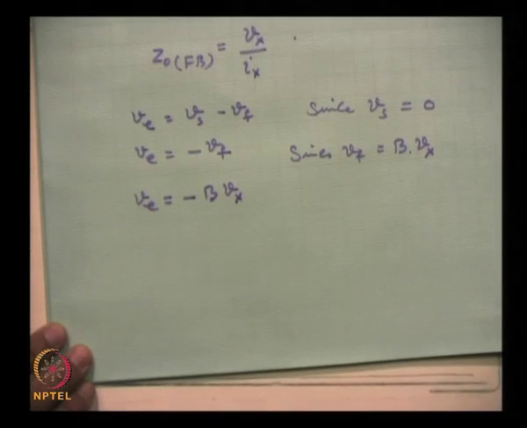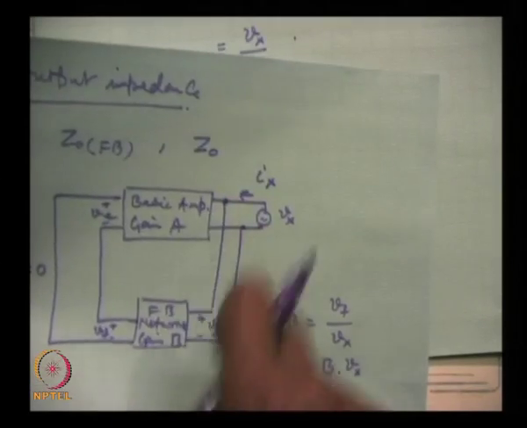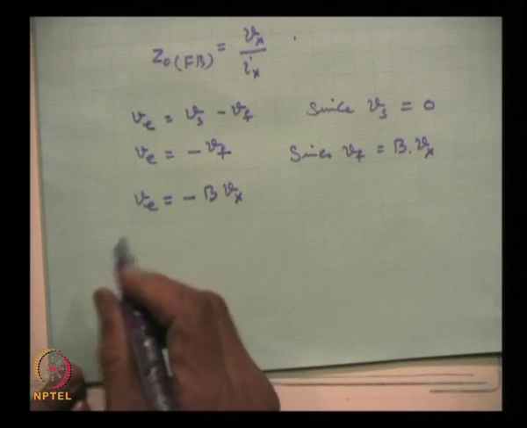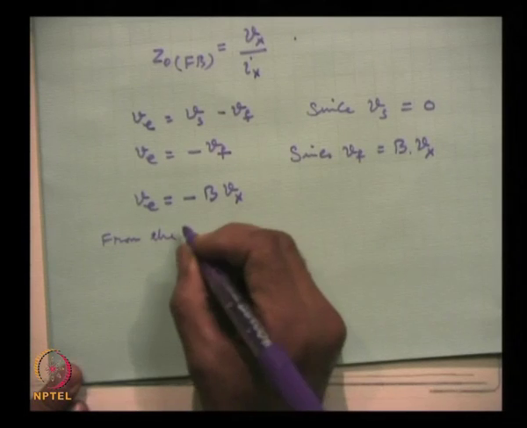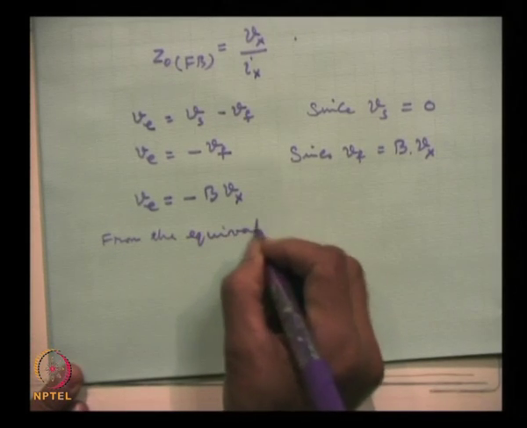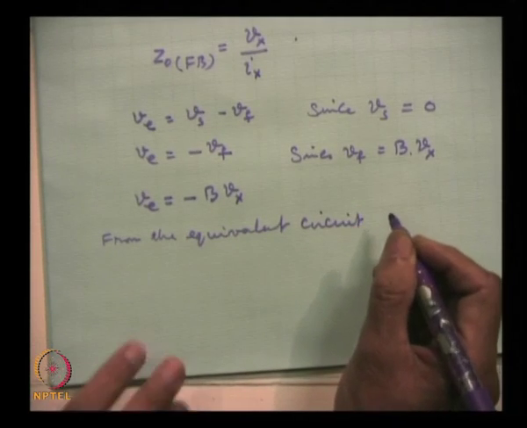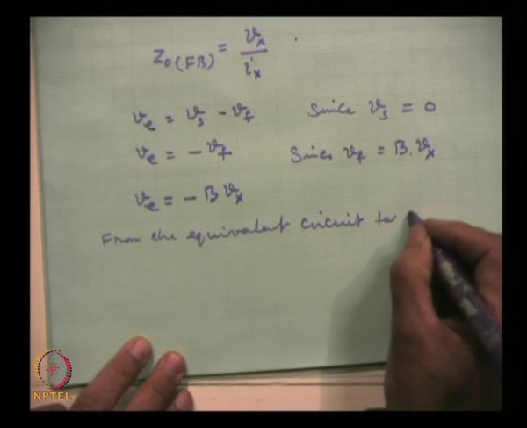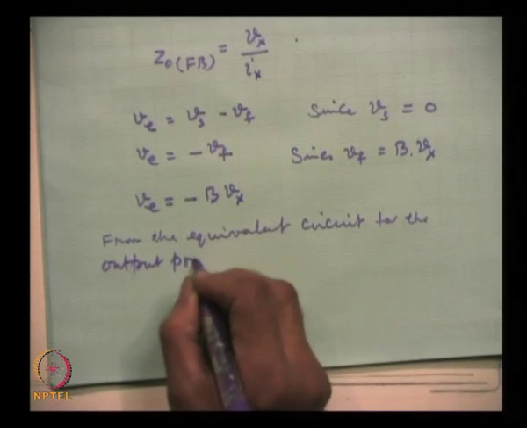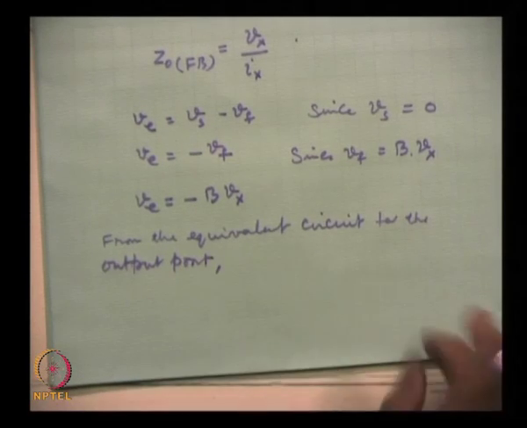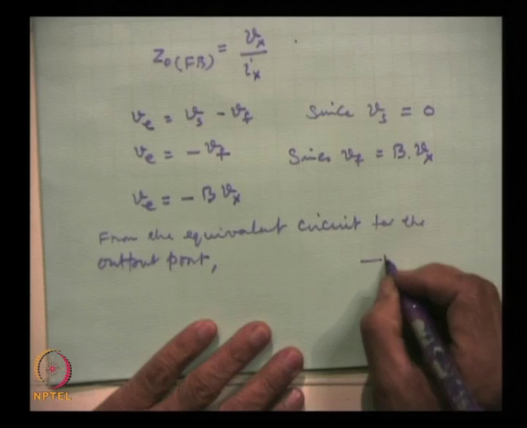We draw the equivalent circuit for the output port. In this, we just take the output port and we draw the circuit. From the equivalent circuit for the output port, I draw it here, and then we arrive at a simple relation.